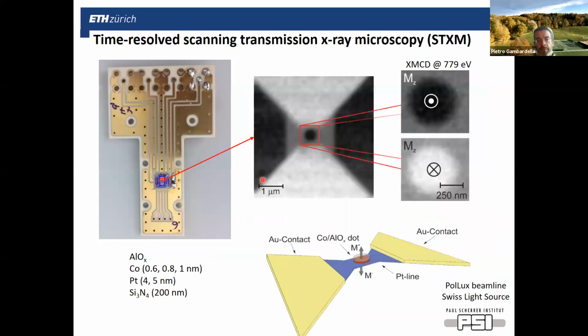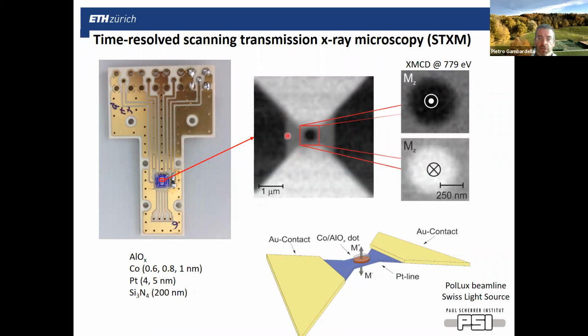Okay. Now, to show you how this works in a real dot, this is a picture of one of our samples. So this is an X-ray transmission image of essentially a platinum strip line with a cobalt dot in the middle.